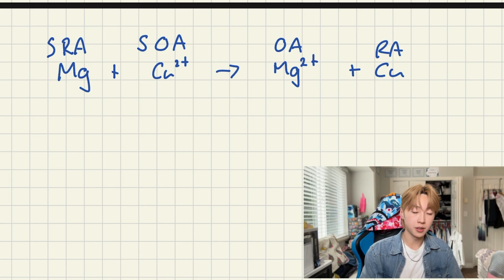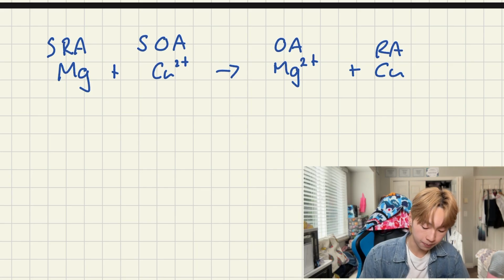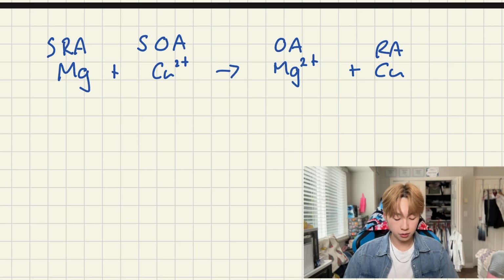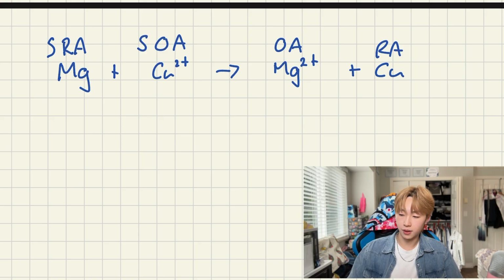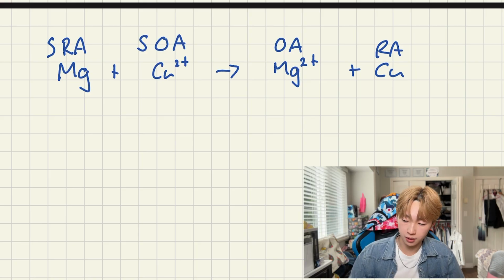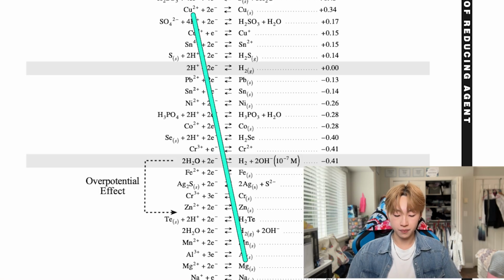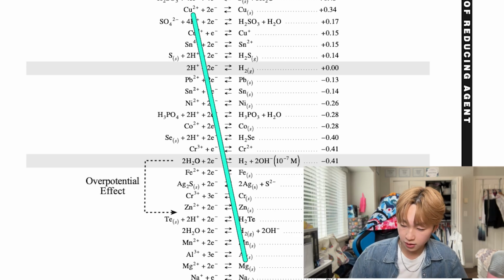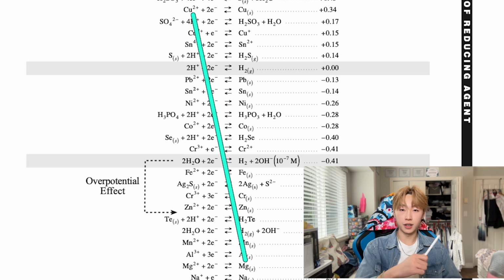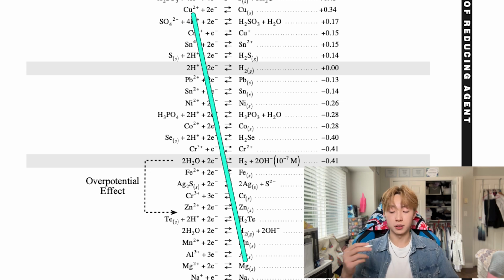Now, how do we determine the spontaneity of this equation? We look at our two strongest reducing and oxidizing agents, and we're going to see if they are downhill from each other on our table. What that means is, if you take your strongest reducing agent and draw a straight line from there to your strongest oxidizing agent, going from left to right, it should go downhill.